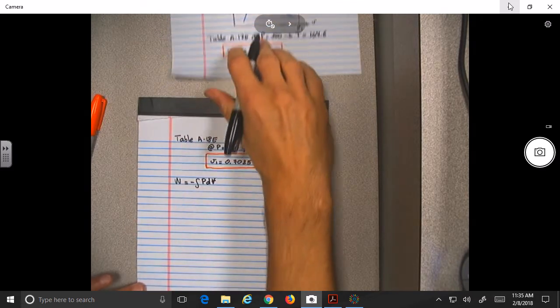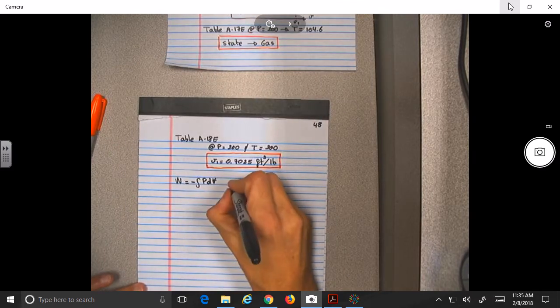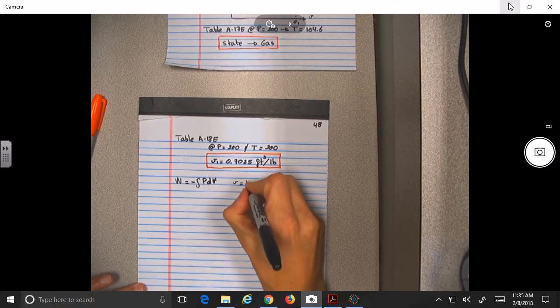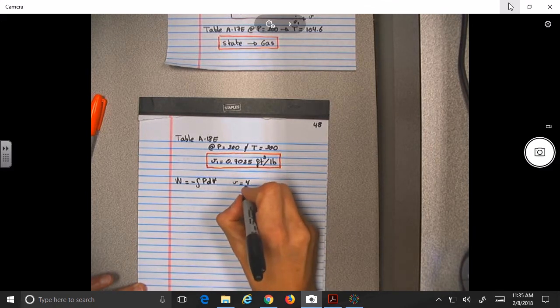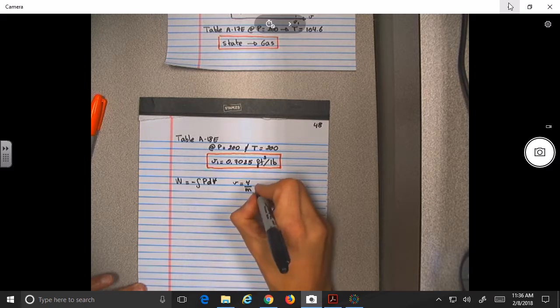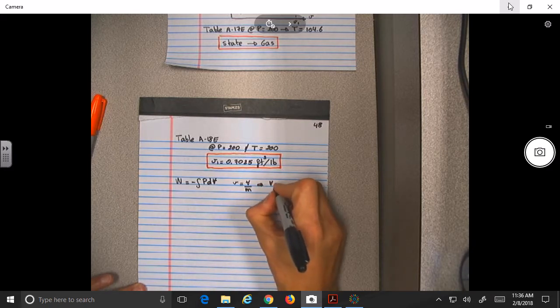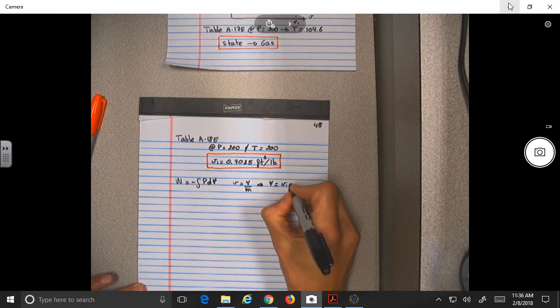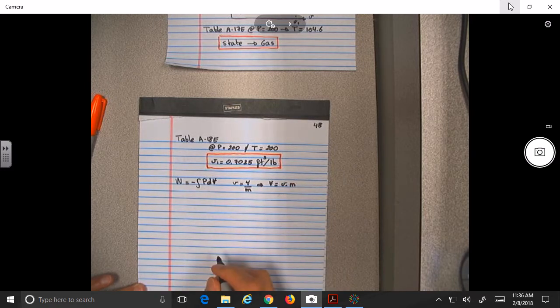If you want, I give detailed calculations for now. What is specific volume? Volume divided by mass. Specific always means per unit mass, no? So from here we can get that volume equals specific volume times mass. Okay?